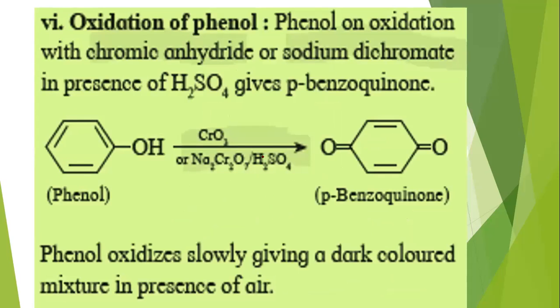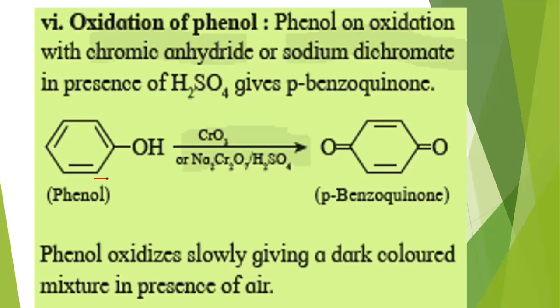Now, oxidation of phenol. Phenol on oxidation with chromic anhydride or sodium dichromate, Na2Cr2O7, in the presence of H2SO4 gives parabenzoquinone.